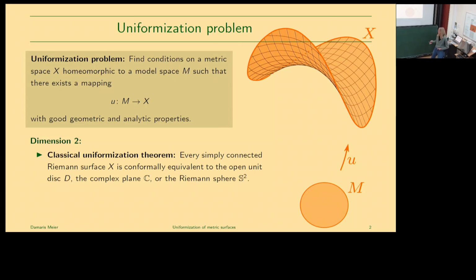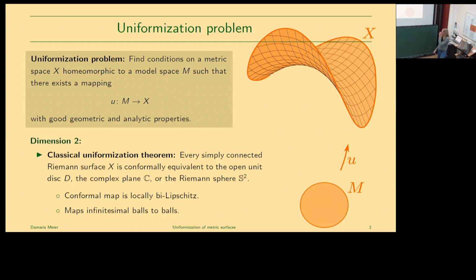So this gives the characterization of such simply connected Riemann surfaces. There the map would be conformal, and what are nice geometric properties of conformal maps? They are locally bi-Lipschitz, and they map infinitesimal balls to balls in general.